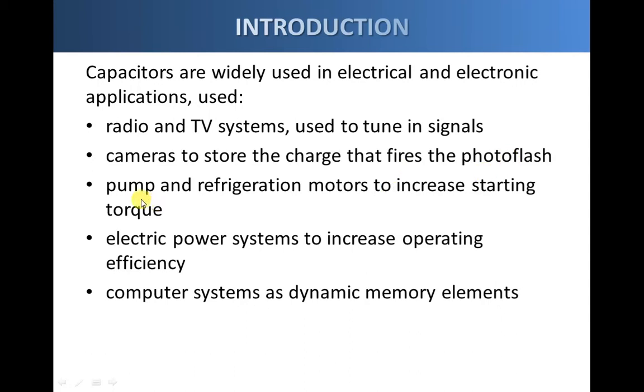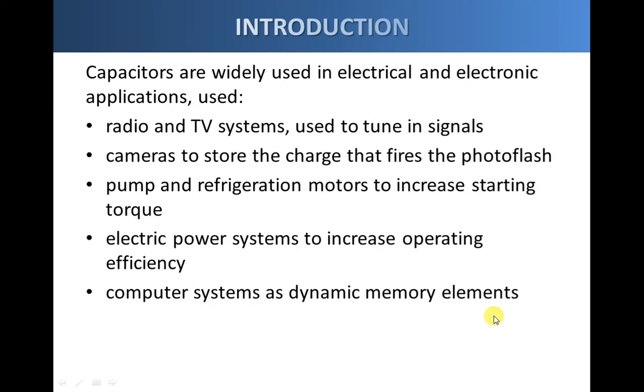You can also find them in pumps and refrigeration motors, where they help start these motors. You can also find them in electrical power systems, where they're used to improve the operating efficiencies of these systems. And last but not least, you can also find them in computer systems where they're being used as memory elements.